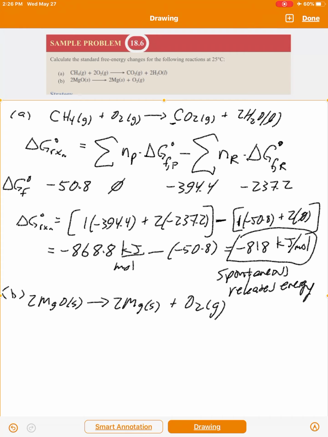And then say, okay, if it's greater than 0, it's spontaneous. If it's less than 0, it's non-spontaneous. We just take these free energy values, and if it's negative, it's spontaneous. If it's positive, it's non-spontaneous.